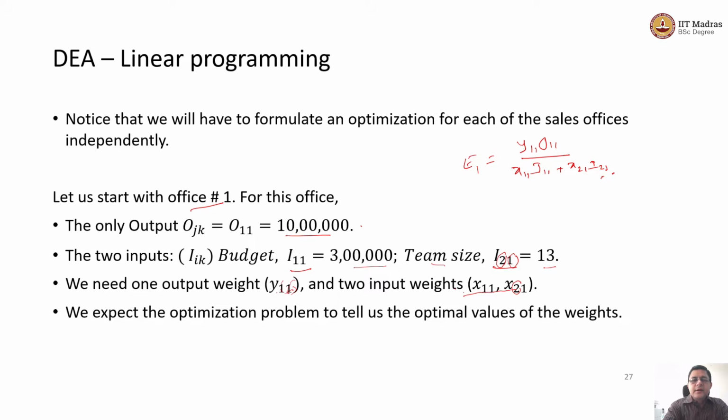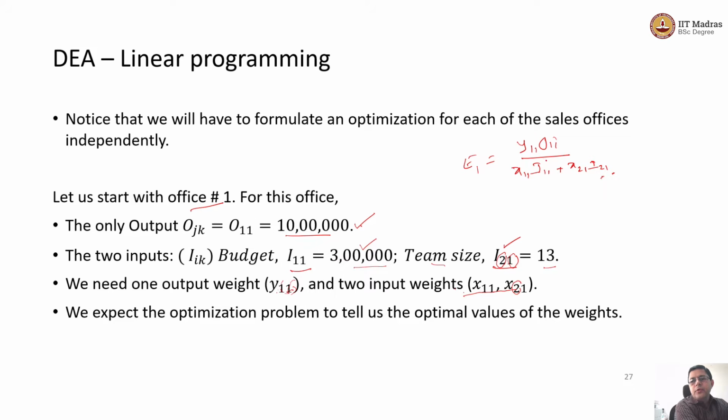Right. Remember that we are right now formulating the linear programming problem for the first sales office. We will have to formulate a similar optimization problem for each of the sales offices, right? Independently of each other, they will have to solve their own linear programming problem. And of course, we know the values of O11, which is 10 lakhs, I11, which is 3 lakhs, and I21, which is 13.